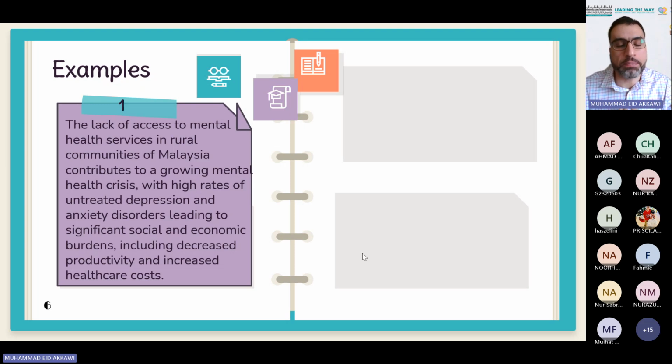Why? Why is it important to address or to know about this issue? Because these contribute to a growing mental health crisis with high rates of untreated depression and anxiety disorders. So because of inaccessibility to mental health care services in rural areas in Malaysia, this increased the prevalence of depression and also anxiety.